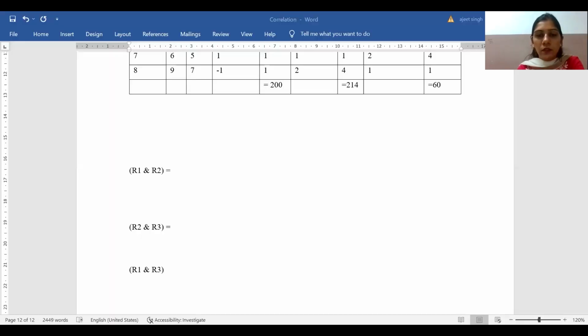So let's write the formula once again. Basically R is equal to 1 minus 6 sum of d square divided by n bracket n square minus 1.